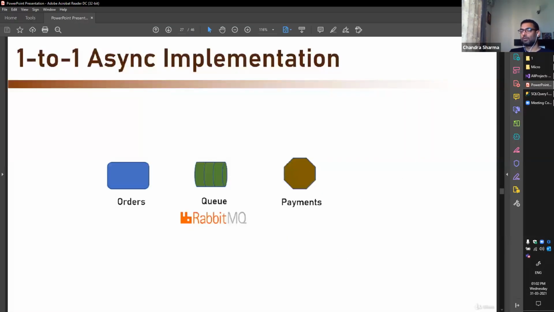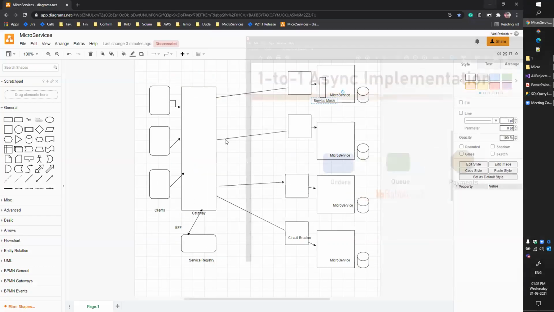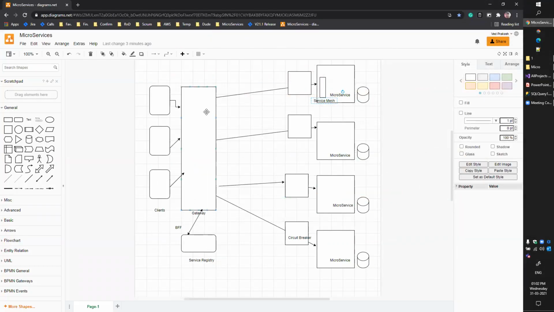Okay, now we are talking about async implementation. We talked about how, even though we have brought the gateway, circuit breaker, service mesh, and service registry into the picture, there is still a direct call going on if this client has to talk to this microservice and then this microservice. Suppose for any reason this microservice is slow and responding late.